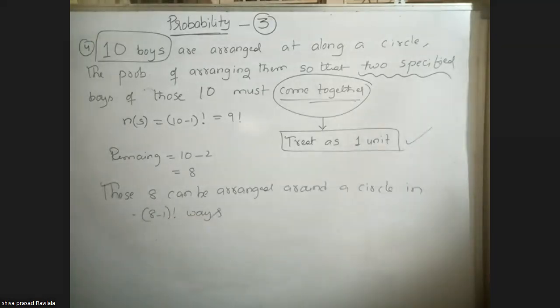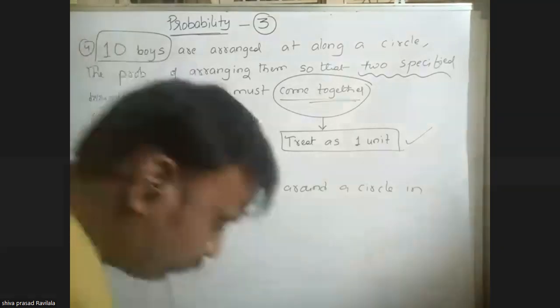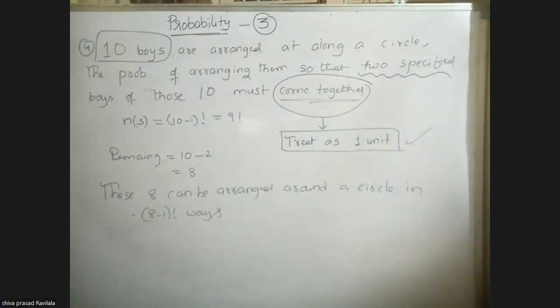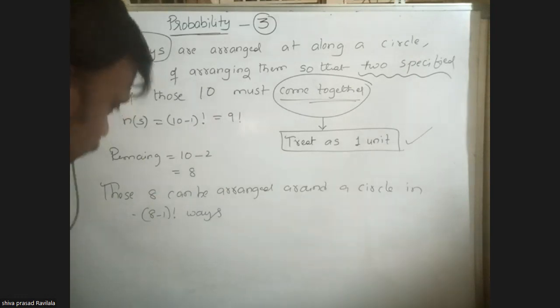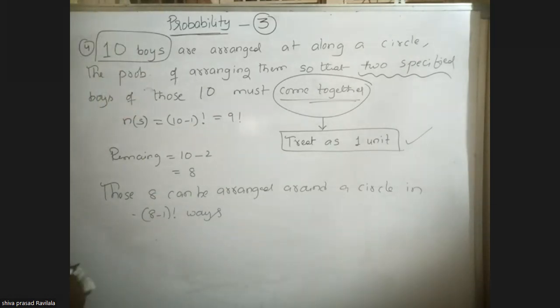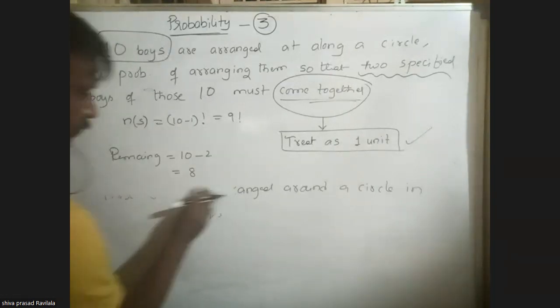Come together. Okay, a small mistake happened, sorry. 8 minus 1 factorial, into 2 factorial we can write. Remaining 8 minus 1 factorial, 7 factorial. No, that's not right. One second.